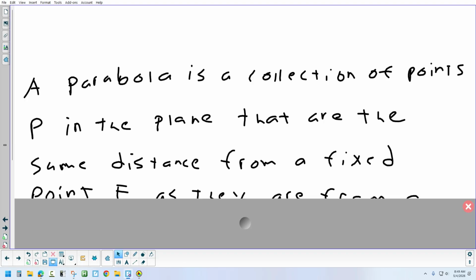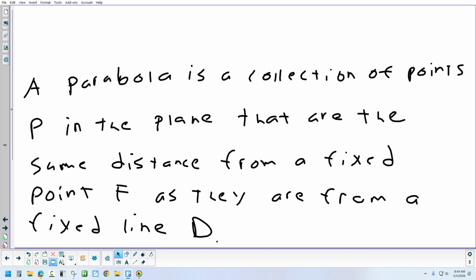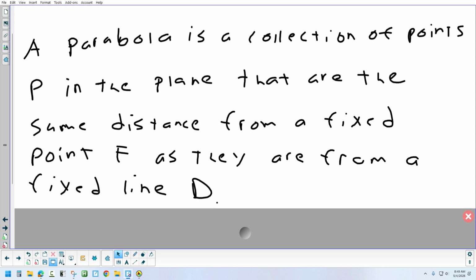Well, a parabola is a collection of points in the plane that are equidistant from 2 things. They're equidistant from a special point F, which we're going to call the focus, and from a special line that you can draw, which we're going to call D, which stands for directrix.